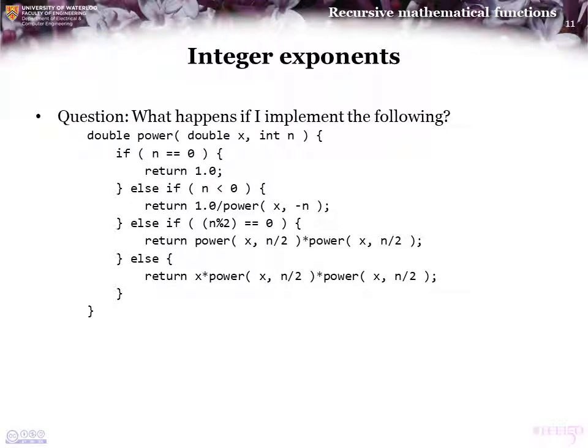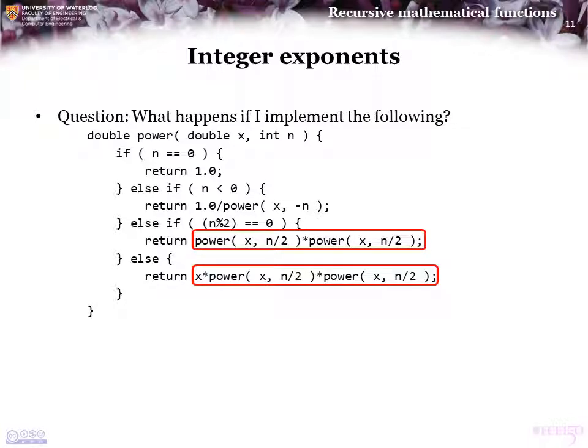Now, beyond the scope of this course, but something that may pique your interest, in the previous slide we calculated x to the n divided by 2 and assigned that to a local variable and then multiplied that local variable by itself.